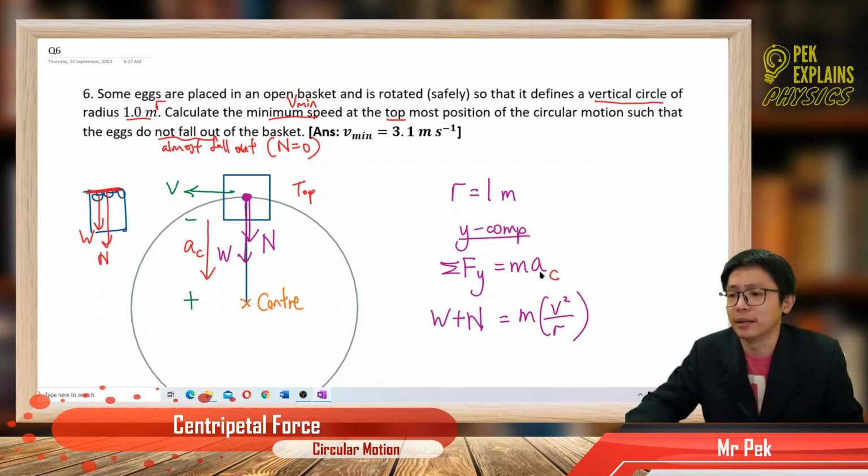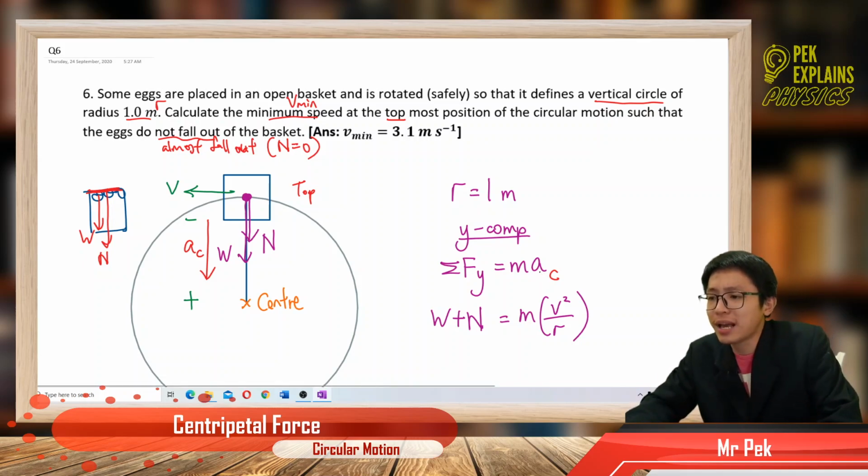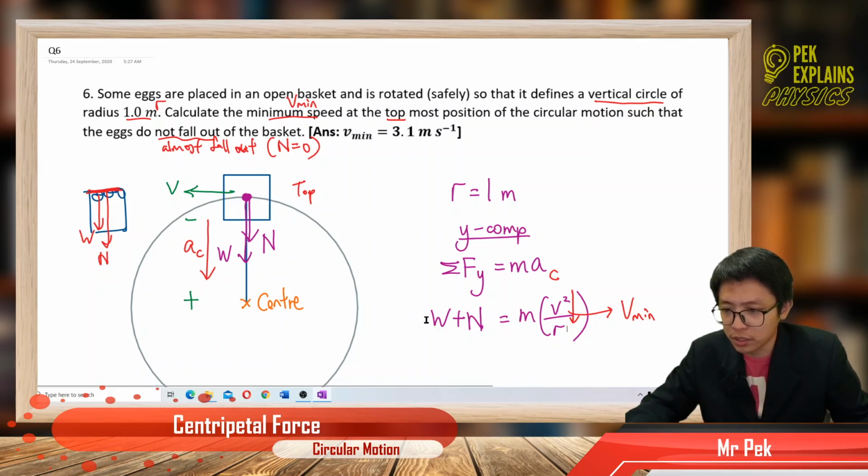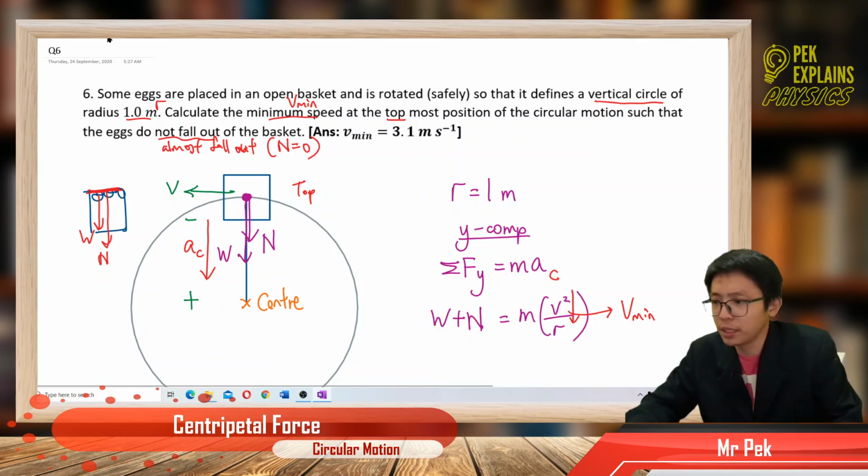Now the question asks for the minimum speed. That means it's a very small speed. What can change with the speed is the normal force.